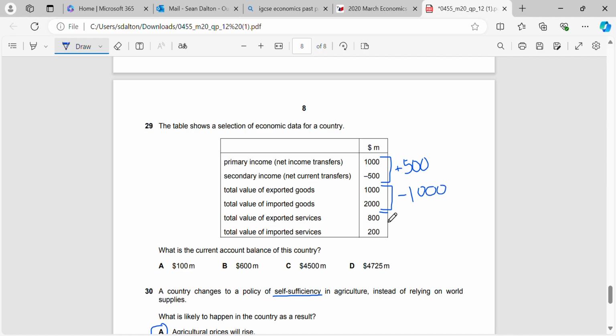And services, exports minus imports, 800 minus 200, is a figure of plus 600. Okay, so all we have to do then is add these up. 600 plus 500 is 1,100, minus 1,000 gives us a current account balance of 100 million surplus.